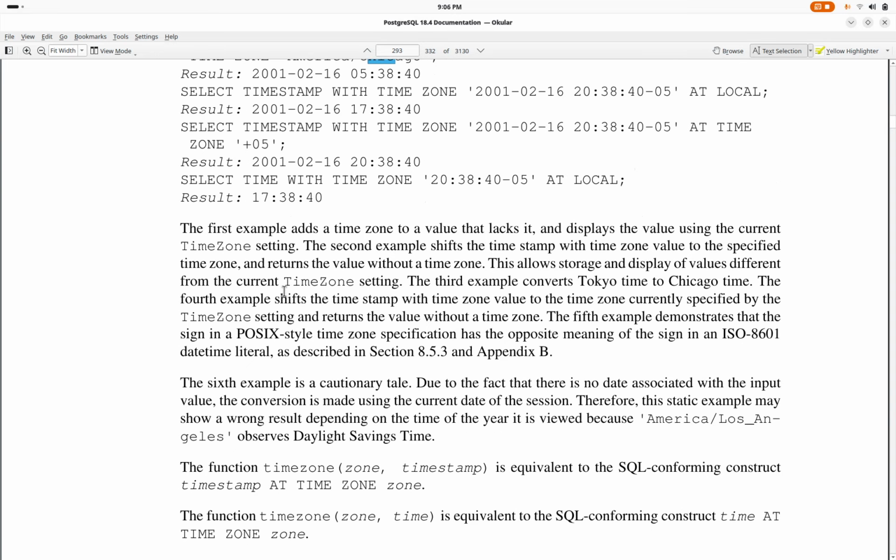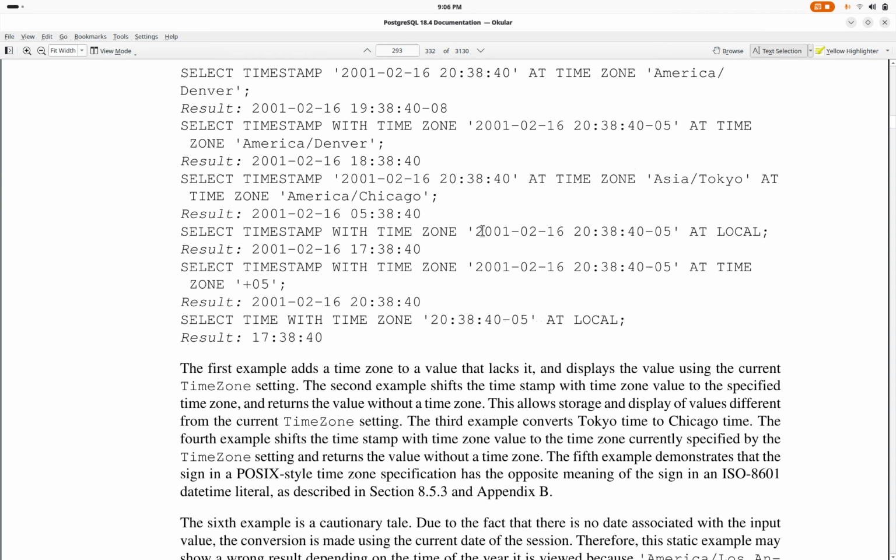The fourth example shifts the timestamp with time zone value to the time zone currently specified in the time zone setting and returns the value without a time zone. So the fourth example is this.